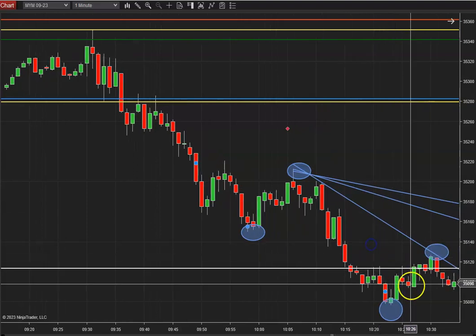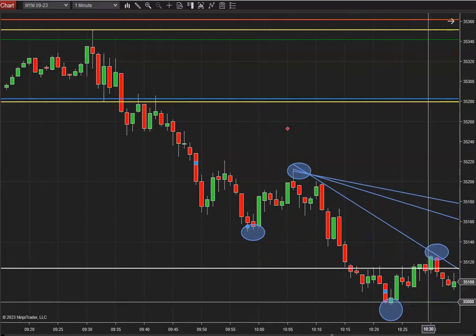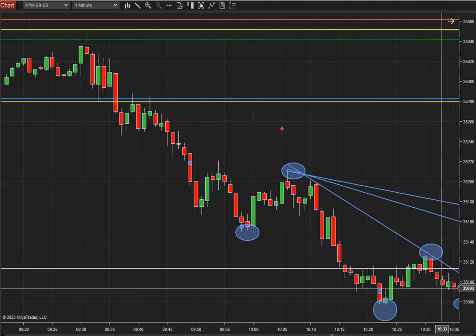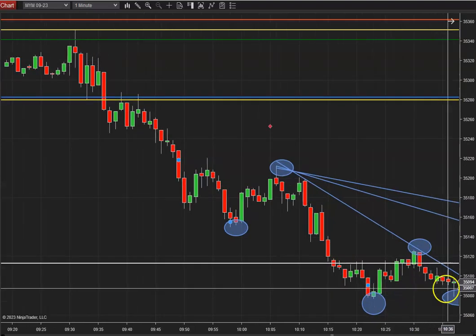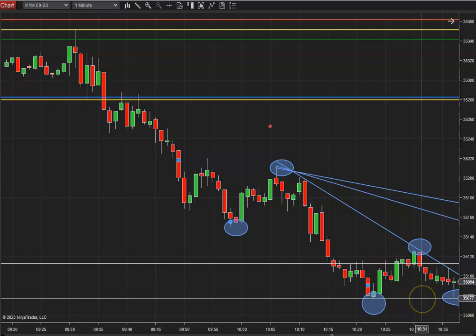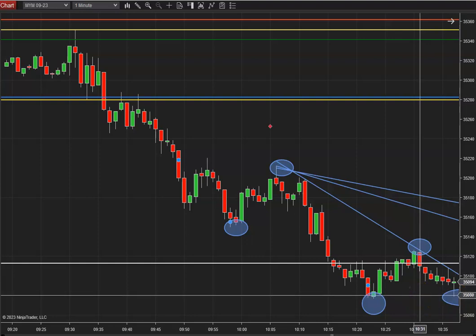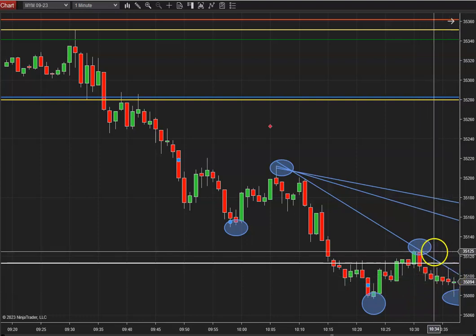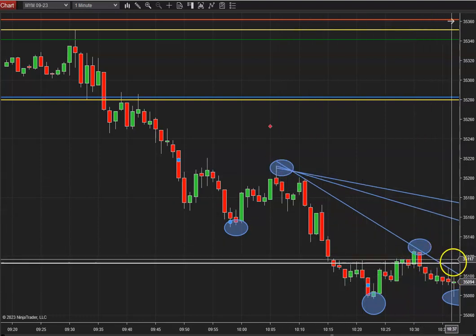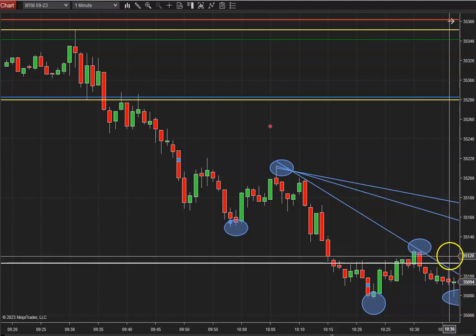And now you need to have a shoulder that's higher than this right here. So this would qualify. Right here ends up being your lowest point, just a few ticks above the head. So that would qualify. You have a neckline here, and if that breaks, you would have a trade.